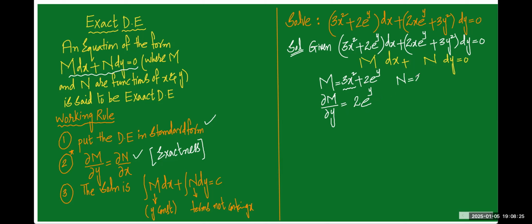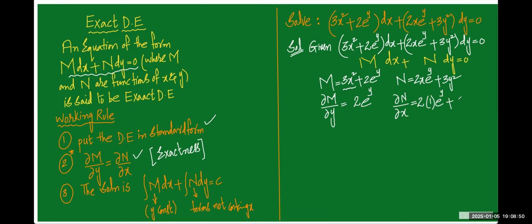Similarly, N value is what here? 2x e^y + 3y². Now let us see, when I am differentiating N partially with respect to x, what answer I am getting. 2 is a constant. Differentiation of x with respect to x is 1. e^y again a constant.